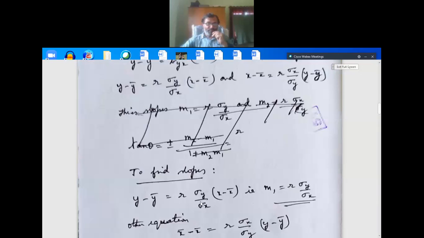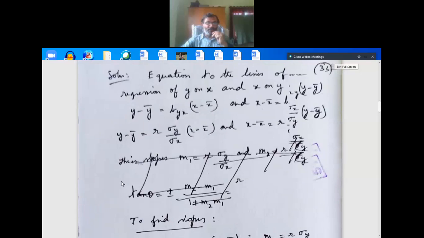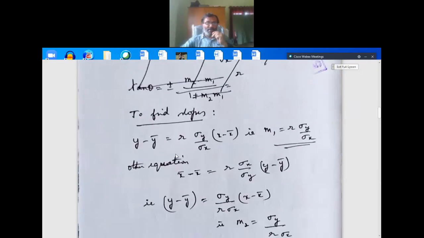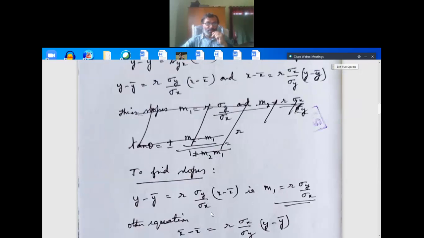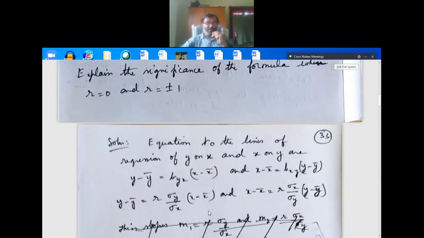Now, to find the slope, we take the first equation, y on x, that is y minus y bar equals r into sigma y by sigma x into x minus x bar. So the slope of the first line, m1, will be r into sigma y by sigma x. Why?